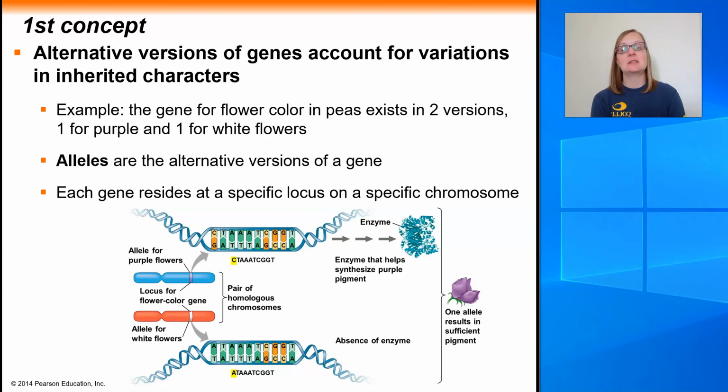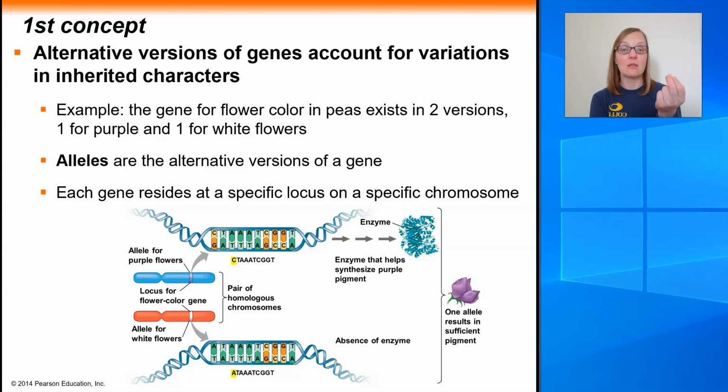Here's the first concept. The first concept states that there are alternative versions of genes that account for variations in inherited characters. For example, looking at flower color in the pea plants, flower color exists in 2 versions, 1 for purple and 1 for white.